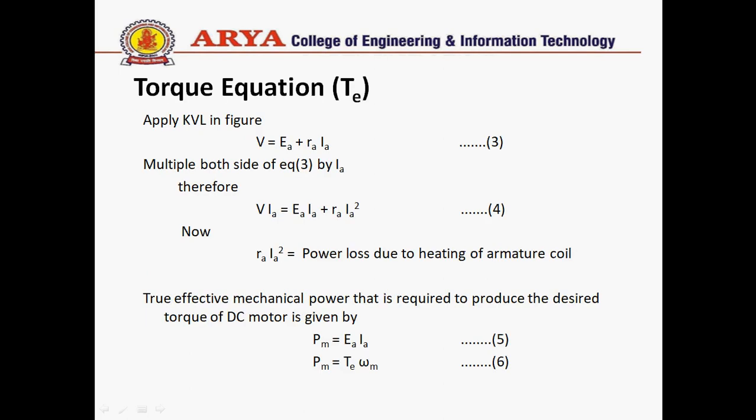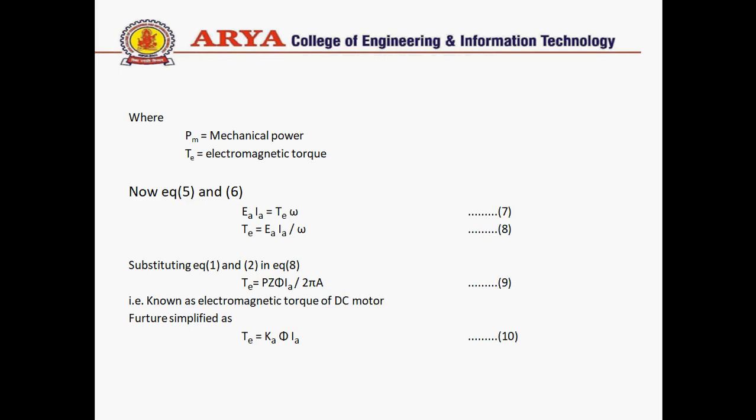Now, equating equation number 5 and 6, we find equation number 8. This equation number 8 is the electromagnetic torque of the DC motor, and when we put the values of EA and omega in equations number 1 and 2, we find T in that form, and when we simplify further, then T is equal to Ka phi Ia.